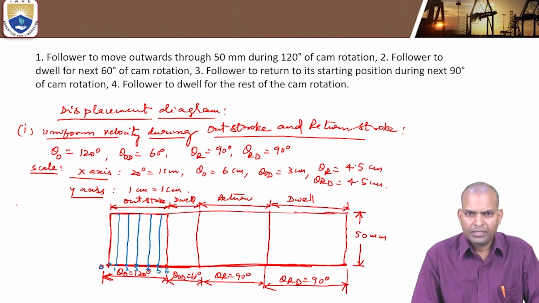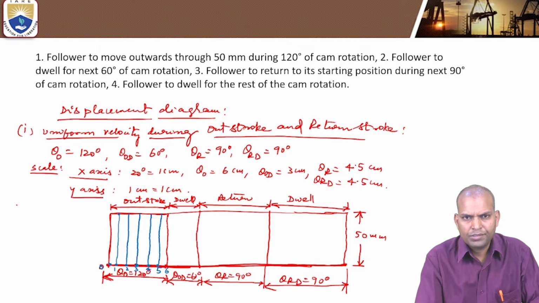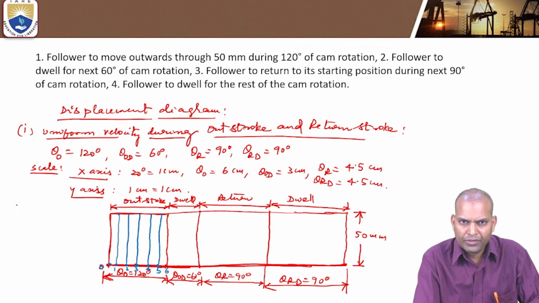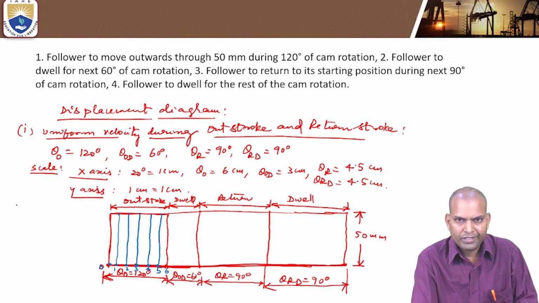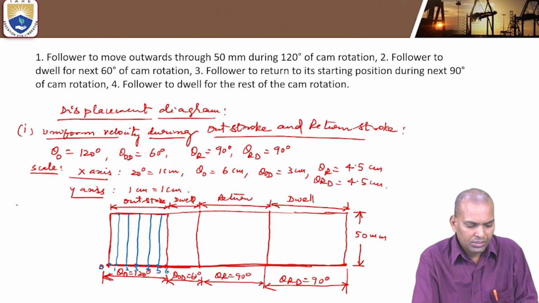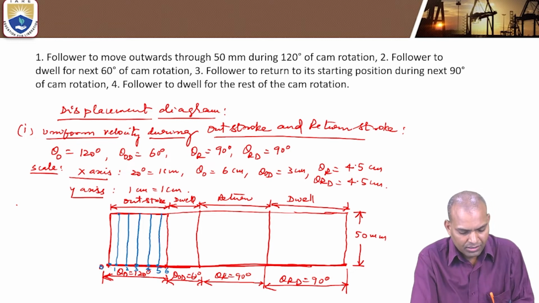Similarly, divide the return stroke into the same even number of equal parts as we have divided the outstroke angle.